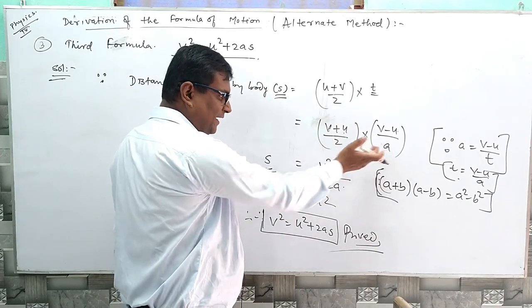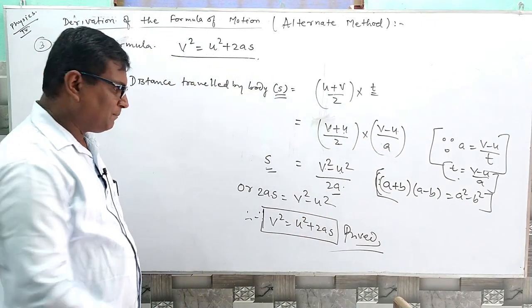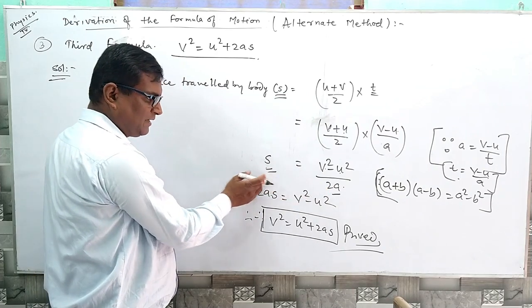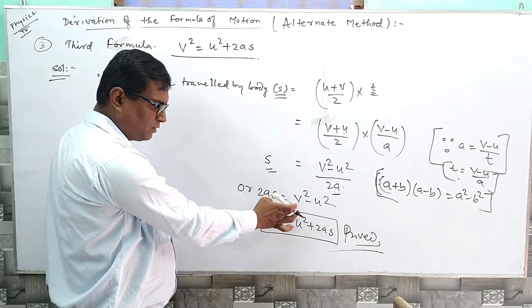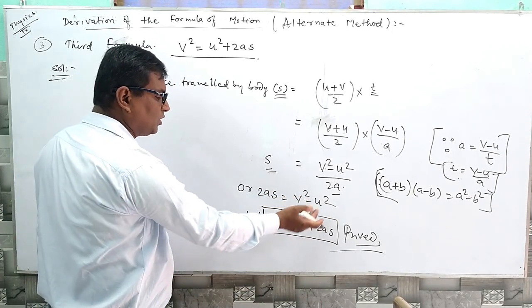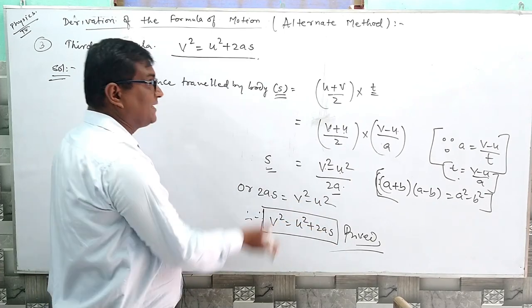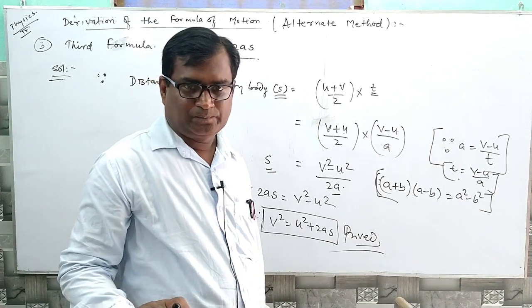Denominator is 2 and a, so that is written as 2a. By cross multiplication, 2a into s, 2as equal to v squared minus u squared, then v squared equal to u squared plus 2as. That is the solution of the third equation of motion.